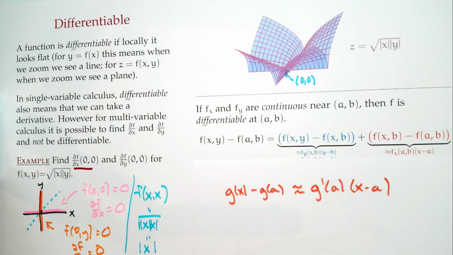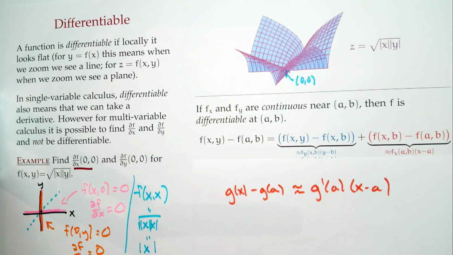So it's acting like the g prime of a times x minus a. This f sub x of a, b plays the same role as this derivative, because it is. It's the derivative in the slice. Now we just switch coordinate names. The same thing happens over here, but now we're in the x equals x slice. Well, not the greatest name. And it's the y that's varying.